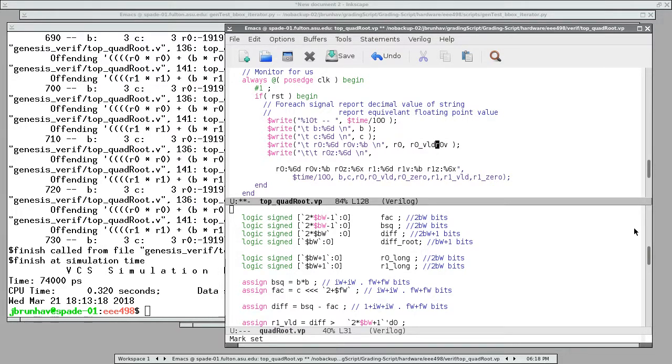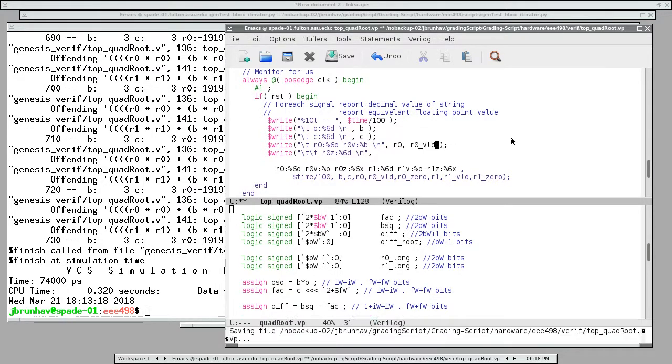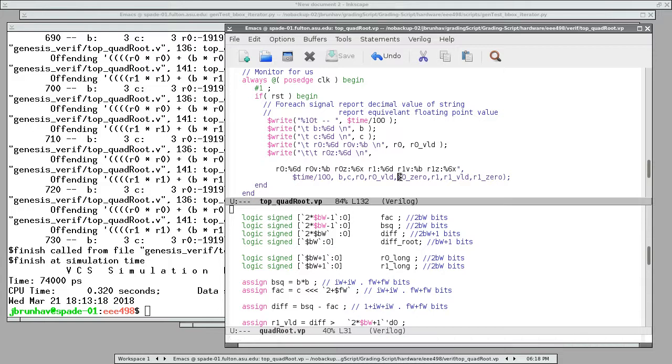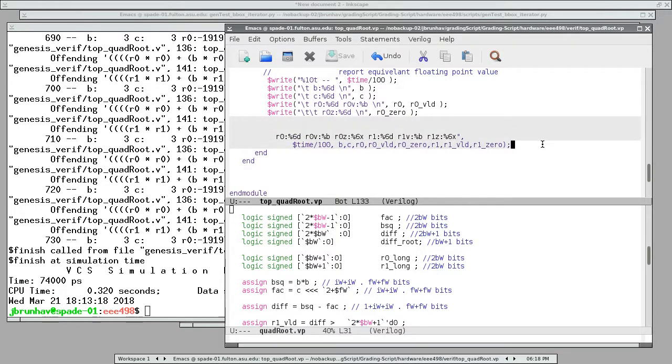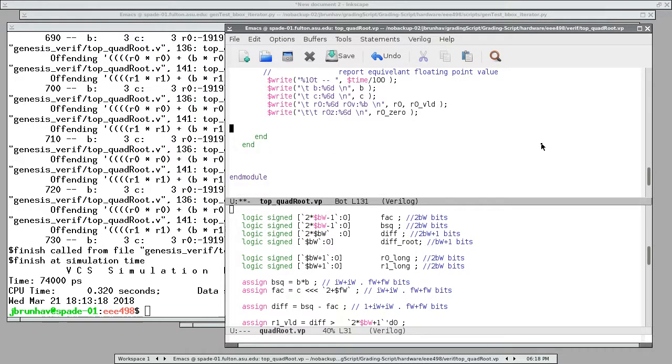That could have been bad. Oh, come on. And this is R00. And then we're going to do the same thing for R1 in a bit. So repeat for R1. Okay.